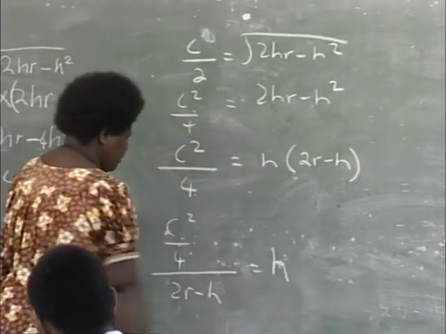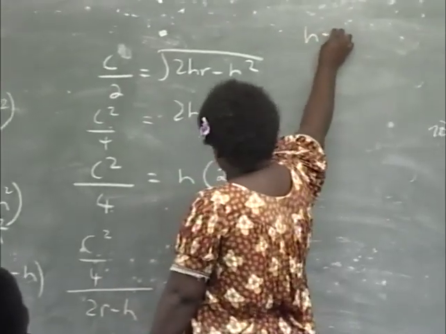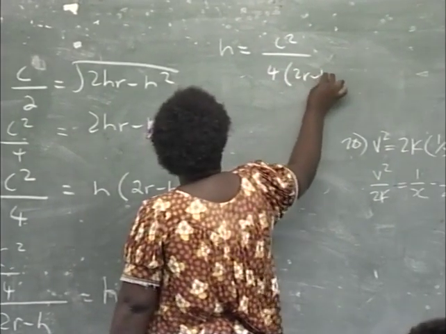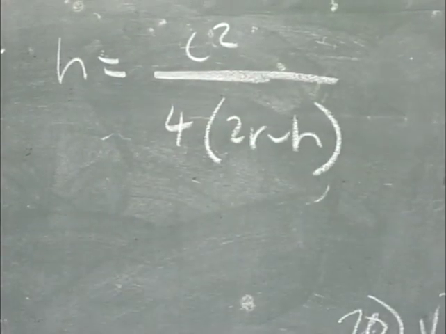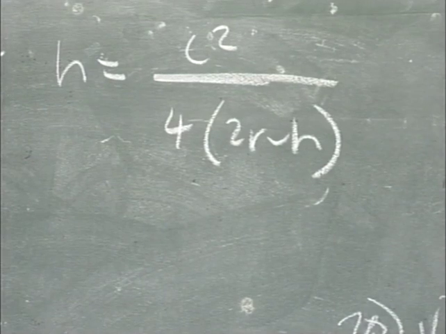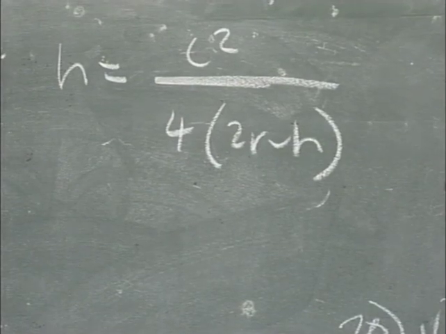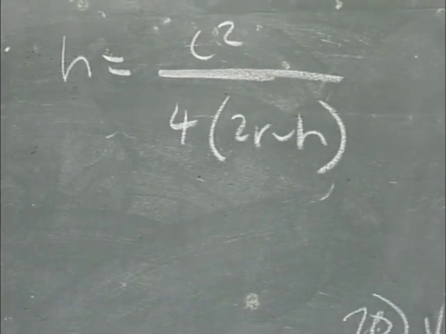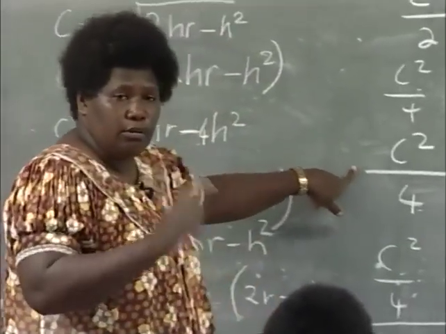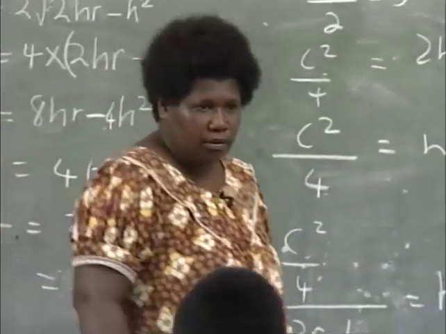This one is H. And this is H equals C squared over 4 times 2R minus H. I'll have to check the question out. But did you go as far as this? Okay, then you've done the right thing. But you have to note, H must be only on one side of the equation, not both.